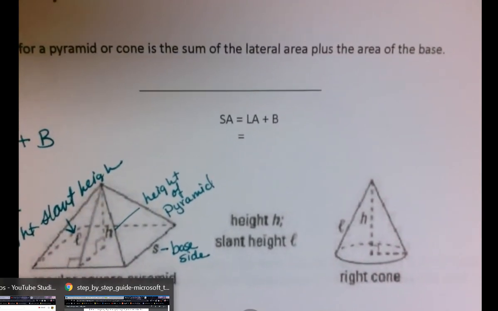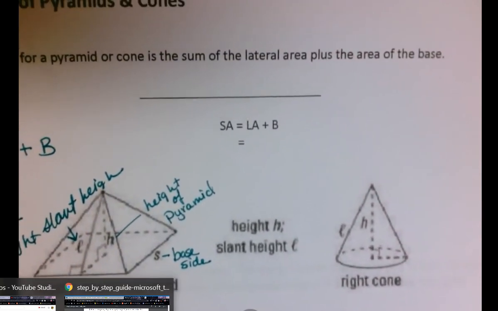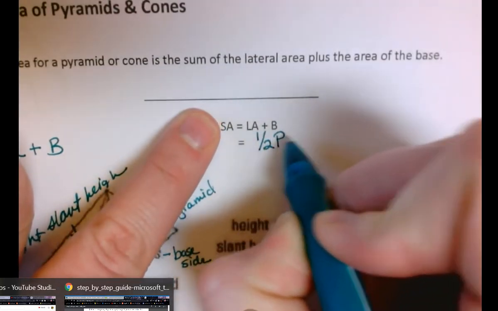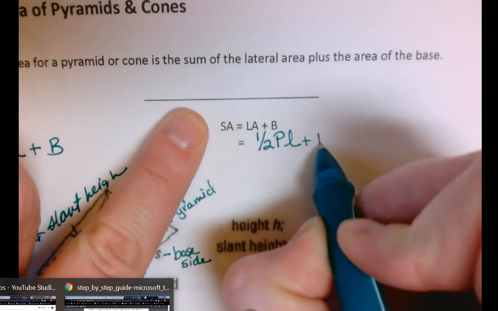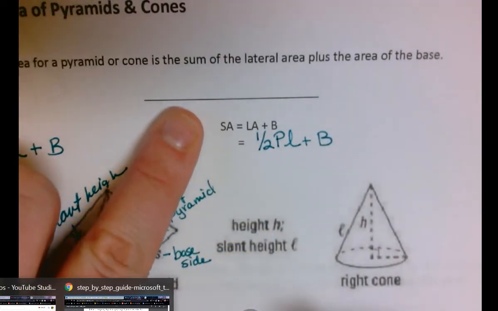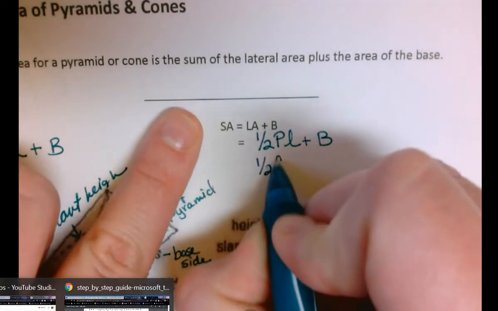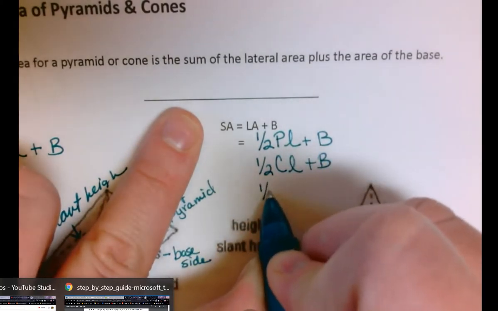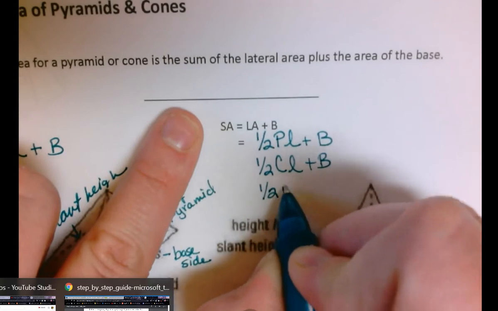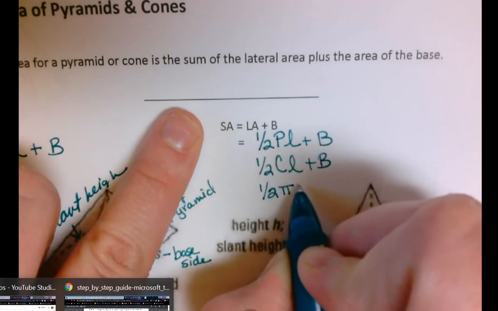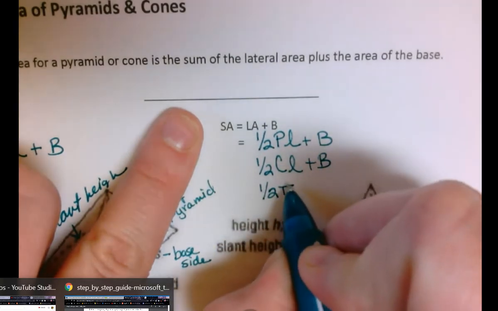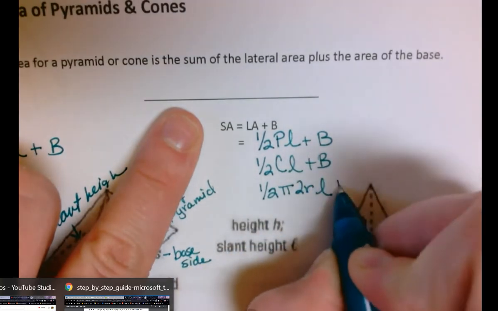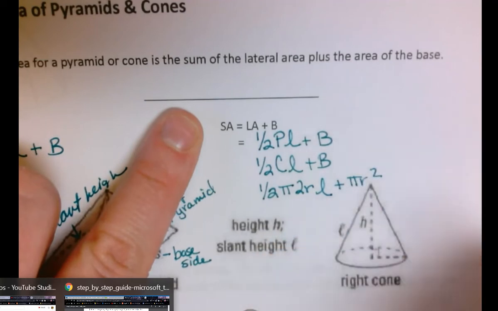So also in a right cone, same thing. You have 1/2 your perimeter times your slant height plus your base. But remember, your perimeter of a cone is the circumference, which is 2 pi r, times L, plus pi r squared.